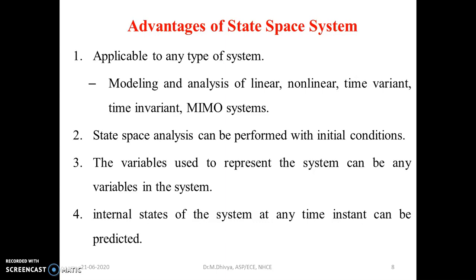The variables used to represent the system can be any variables in the system. It can be physical variables, it can be canonical variables. Similarly, the internal state of the system at any time instant can be predicted from the state space model.